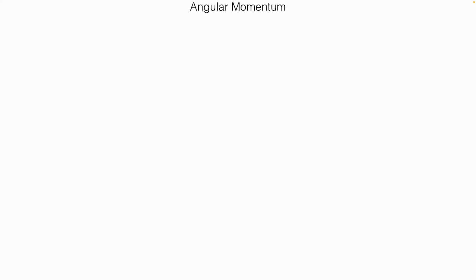What are the units here? This is just weird. Let's go quants. That's a meter. This is a meter per second times a kilogram. That's a meter squared per second kilogram.